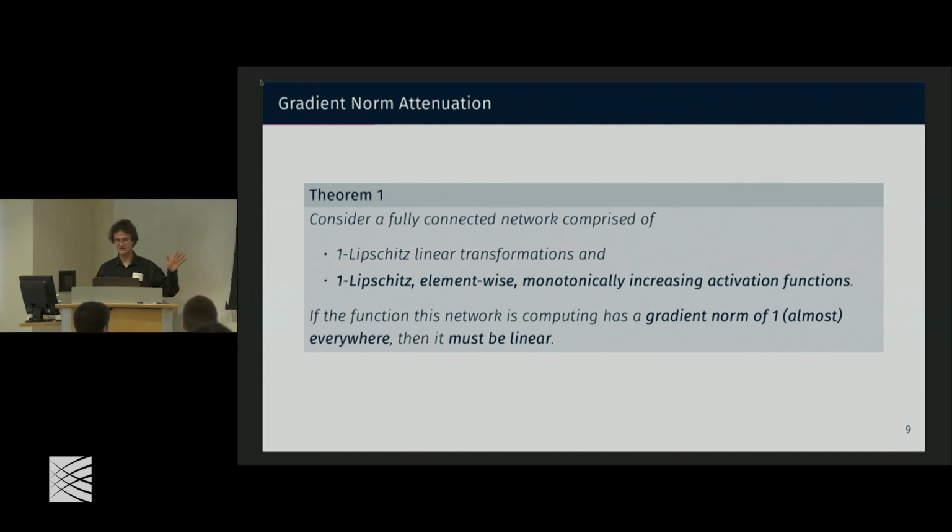If you take a neural network like the one I've talked about before and use 1-Lipschitz, element-wise and monotonically increasing activation functions, ReLU, tanh, ELU, like most of what we use today fall into this category, then we can show that if the function this network is computing has a gradient norm of 1 almost everywhere, then it must be linear. In other words, if it's representing a nonlinear function, there's no way it's going to have a gradient norm of 1 everywhere. So this architecture isn't expressive enough.